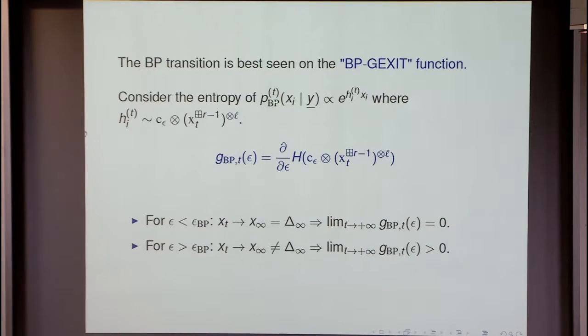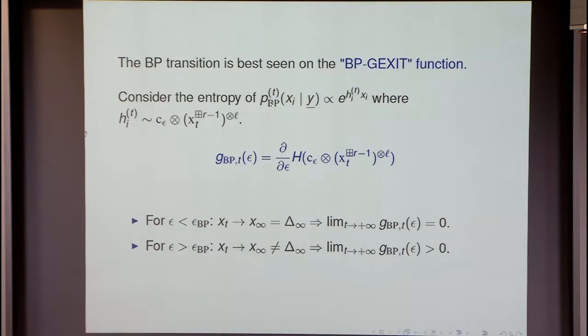This BP marginal is fully described by this log likelihood that has some density that you find according to density evolution, and you look at the entropy of this object. Basically, it's the average entropy of this BP marginal.